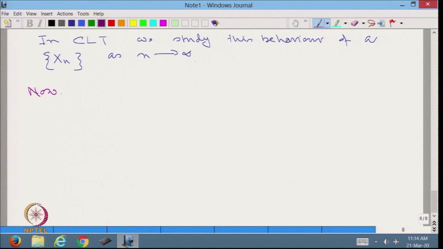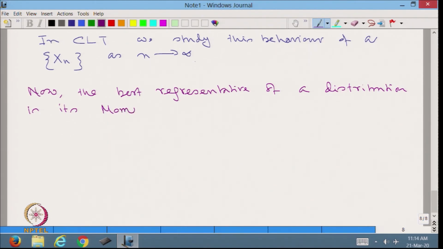Now, the best representative of a distribution is its moment generating function, or MGF.